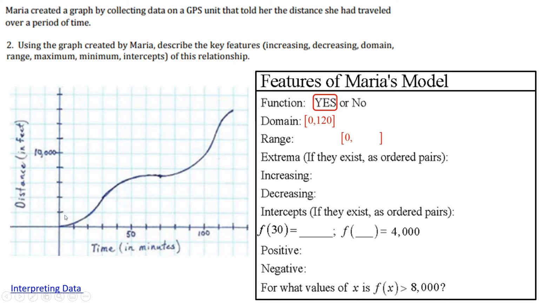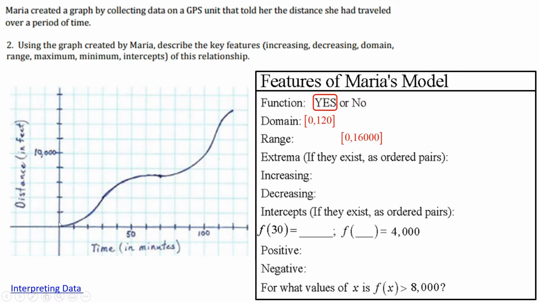Or no. No. So that's 2,000, 4,000, 6,000, 8,000, 10,000, 12,000, 14,000. That looks like 16,000. Yeah, there it is. Notice I didn't put a comma in 16,000. That would confuse people. So the range is in the closed interval from y equals 0 to 16,000.